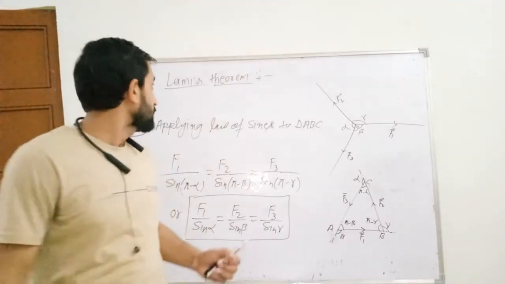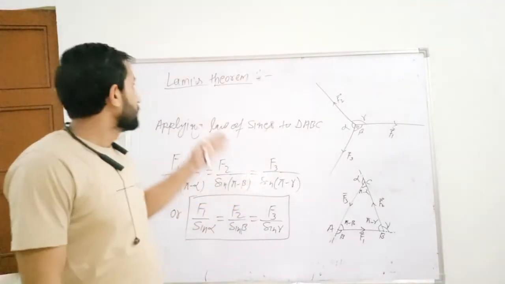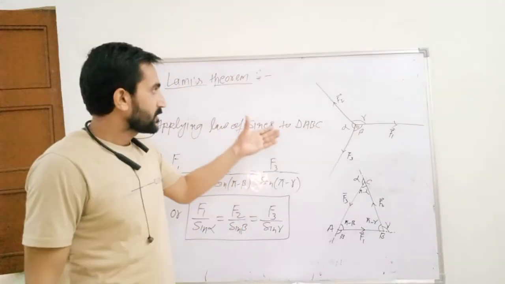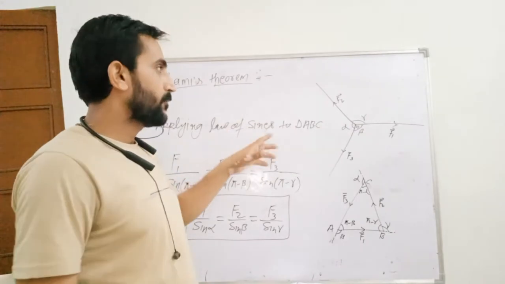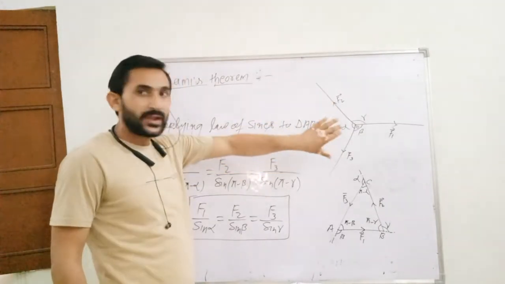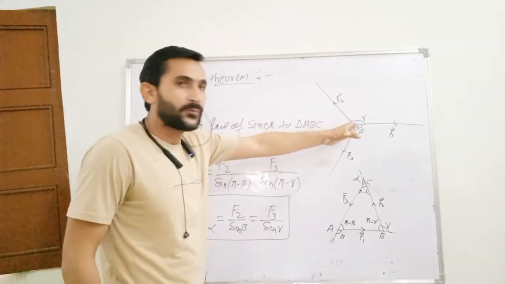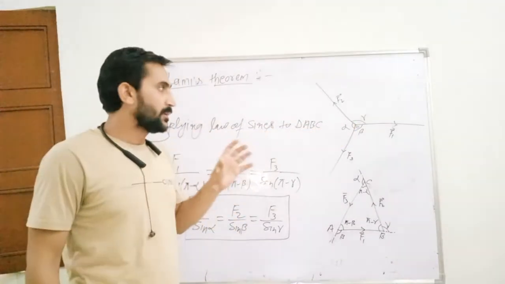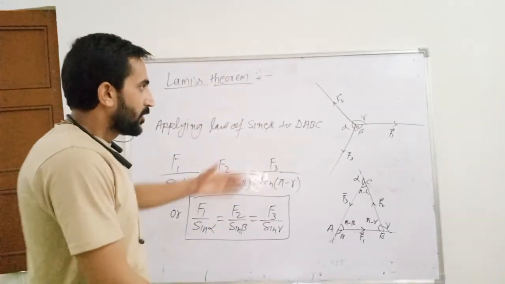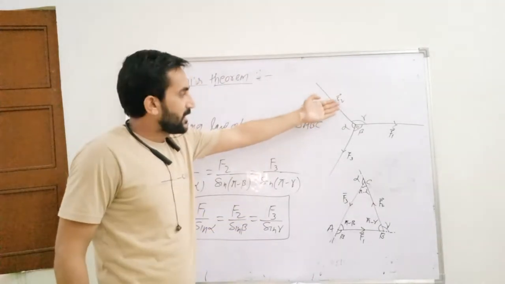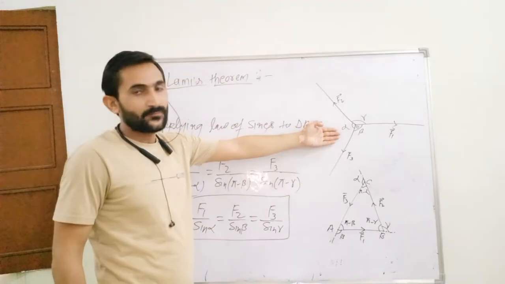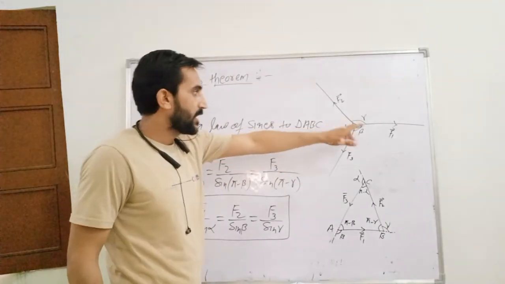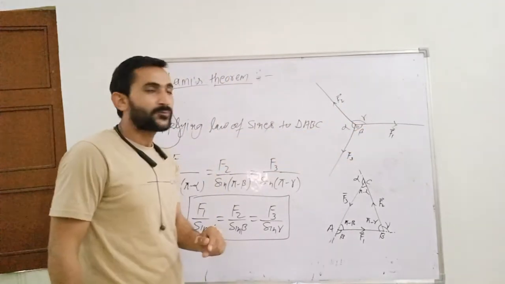Okay students, the next topic in this video is Lami's theorem. In this theorem, suppose there are three concurrent forces F1, F2, F3 acting on the same particle at point O, and these are in equilibrium. Now the angle between forces F2 and F3 is alpha, the angle between F3 and F1 is beta, and the angle between F1 and F2 is gamma.